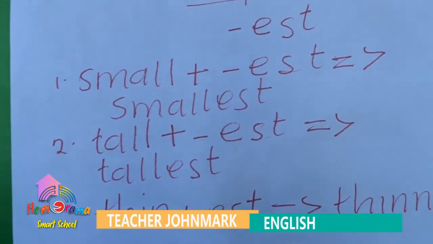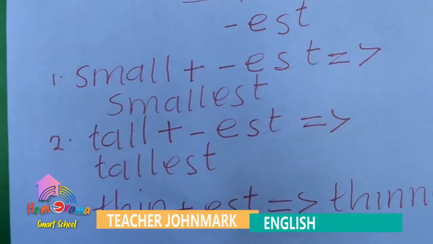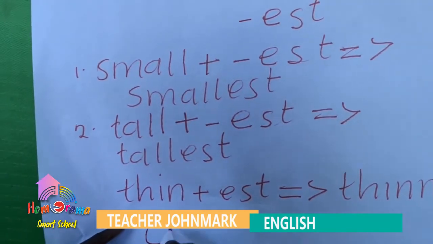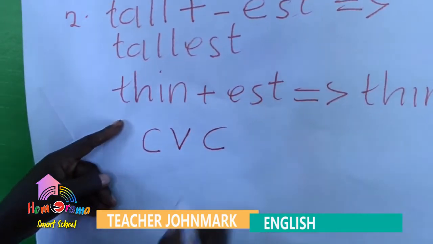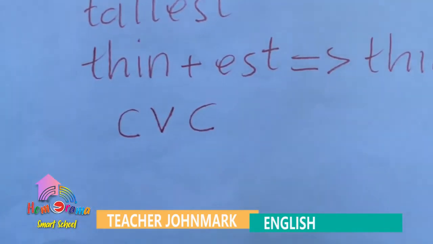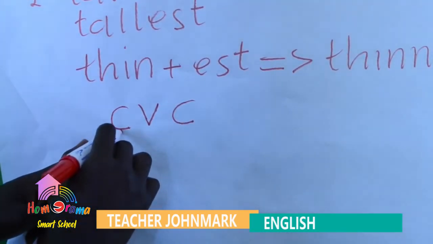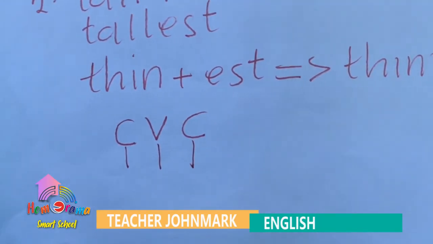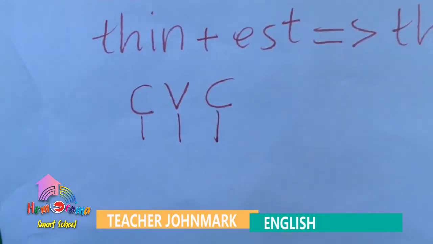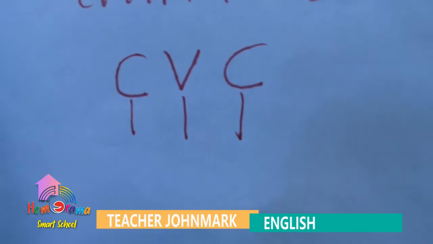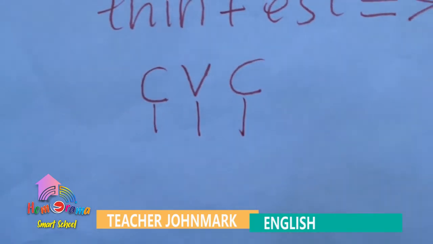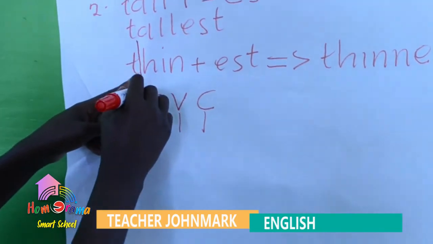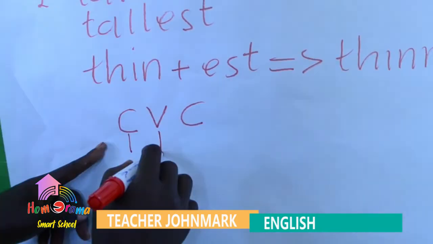Now, I want to believe that we all know that for words that have this formation, CVC, we double the last consonant. CVC simply means consonant, vowel, consonant. So, for words that have this formation, normally we look at the last 3 letters of a word. In the word thin, the last 3 letters are HIN.